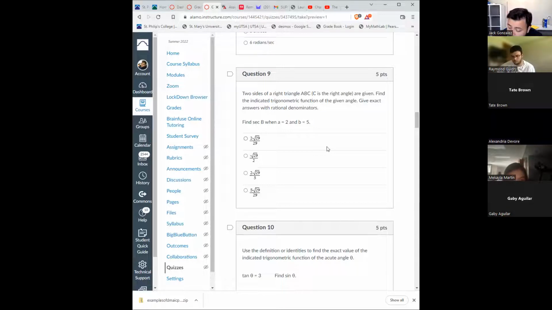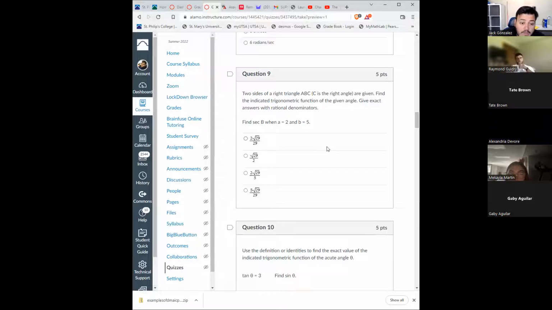Find secant B when a is equal to 2 and b is equal to 5. So that's all I'm going to write. There's a bunch of other information, but that just helps you draw the triangle. And I'll switch over in just a second.